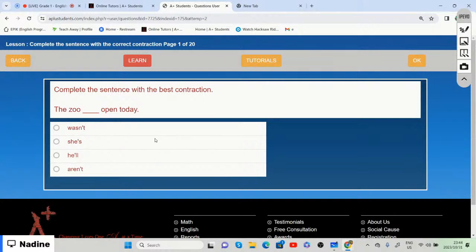Is it wasn't open, aren't open, or isn't open? The zoo isn't open today, or wasn't open, or aren't open today.